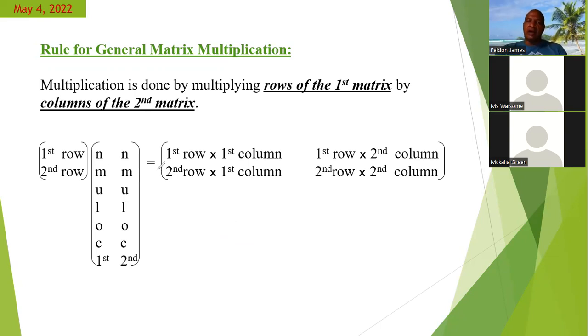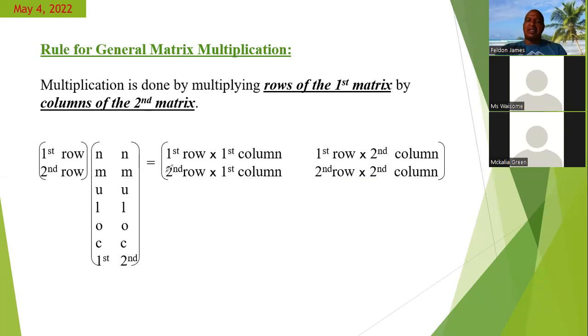So this is the general output. First row by first column gives you the top elements. First row again by second column gives you these top elements over here. Then we go second row with first column, which gives you these bottom elements. Second row with second column gives you these second elements here.